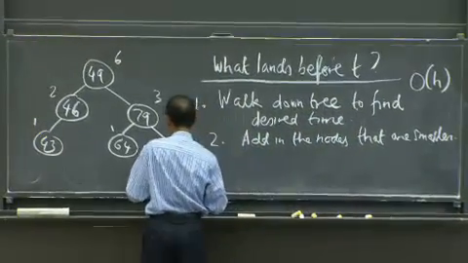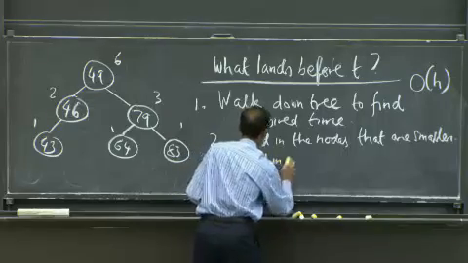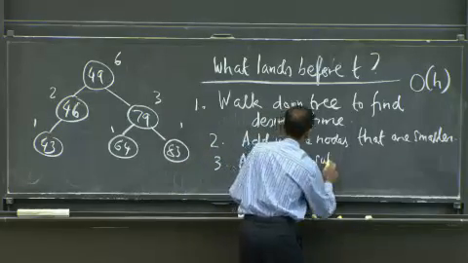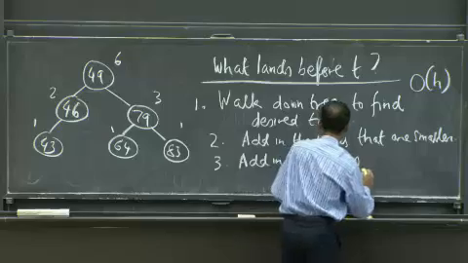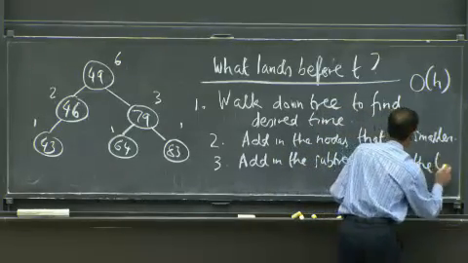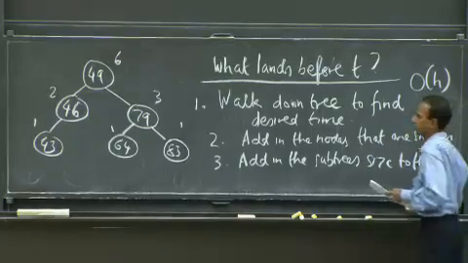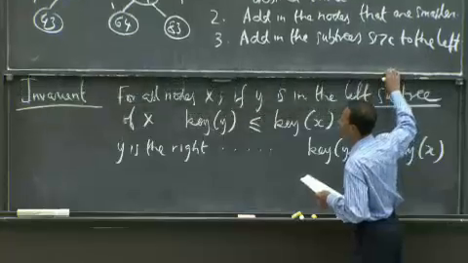And you're going to add 1 to that, corresponding to the nodes that are smaller. And we're going to add in the subtree sizes to the left, as opposed to subtracting. That may not make a lot of sense, but I guarantee you it will once we do an example.